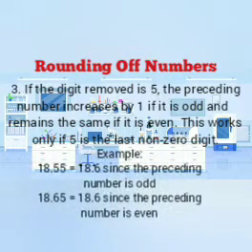For example, 18.55 becomes 18.6 since the preceding number is odd, so it will be added by 1. Another example is 18.65 becomes 18.6 since the preceding number is even, so it will stay the same. Always remember that this only works if 5 is the last non-zero digit.